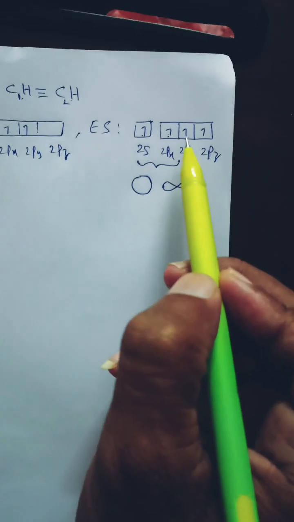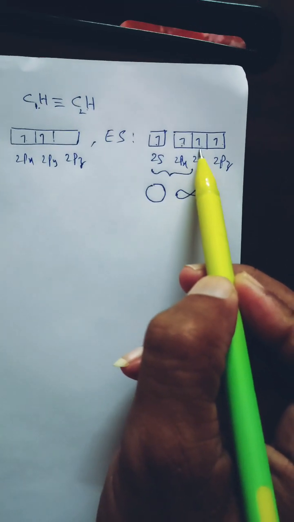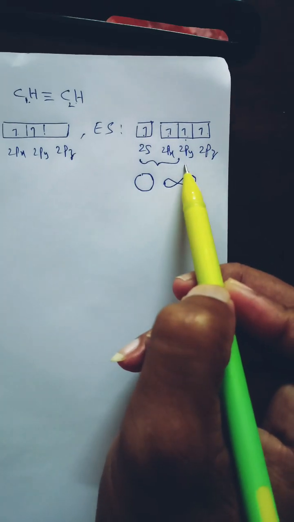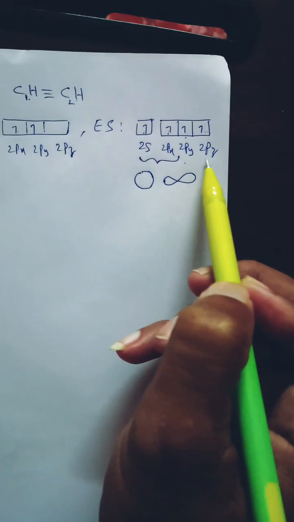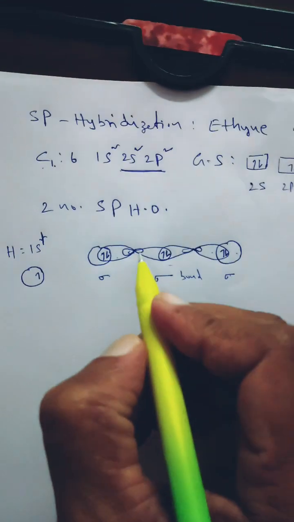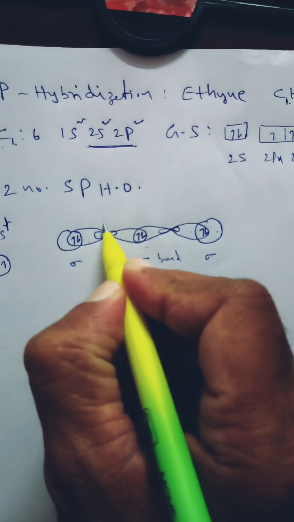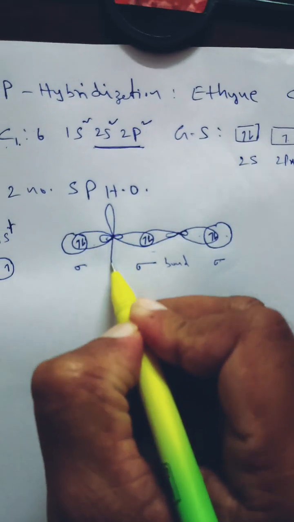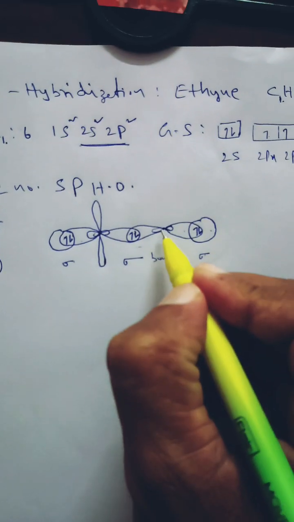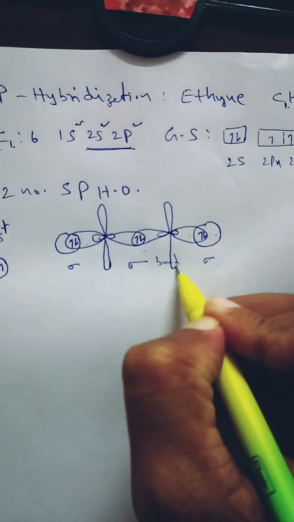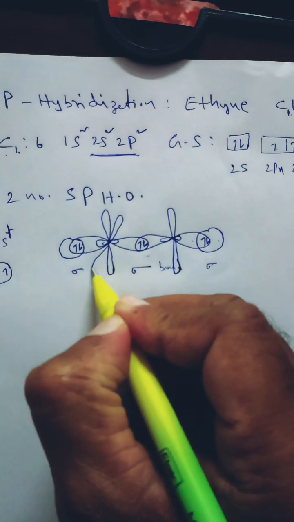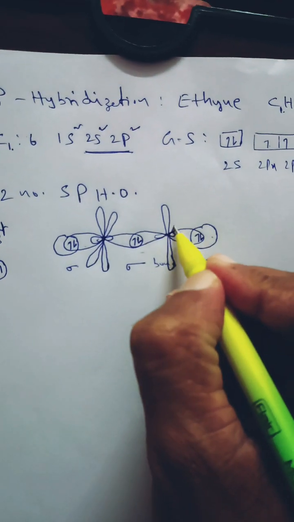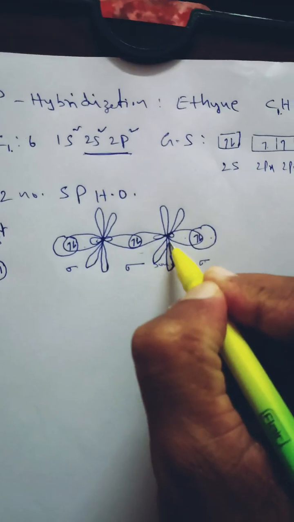And here if you see, one p orbital is as such, another p orbital is as such. Two p orbitals remain as such, and they are situated exactly parallel, another p orbital of one carbon and another p orbital of the other carbon.